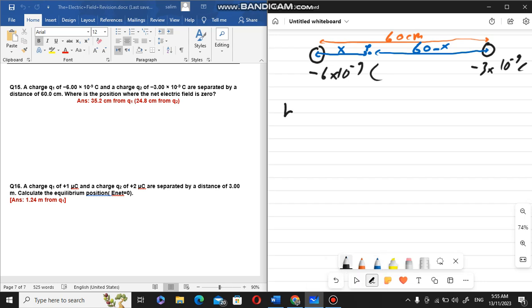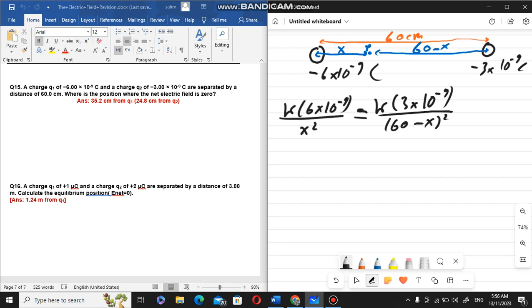Now we say that k multiplied by 6 times 10 power -9 over x squared is equal to k multiplied by 3 times 10 power -9 over (60 minus x), all of it squared. Now what is cancelled? We cancel k from both sides, times 10 power -9 is cancelled from both sides, so we are left with 6 over x squared is equal to 3 over (60 minus x), all of it squared.